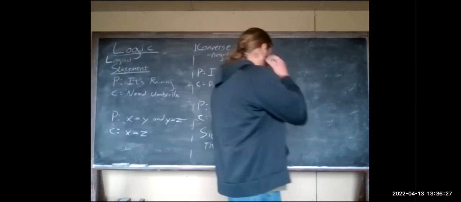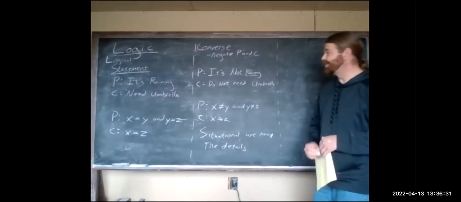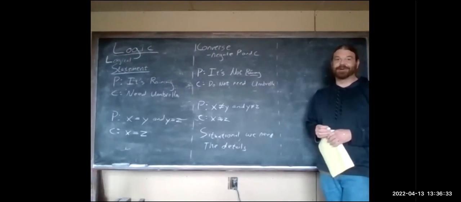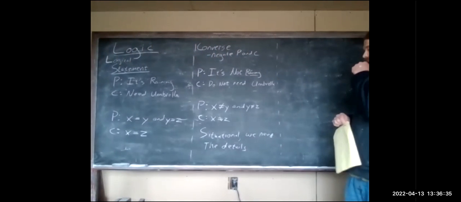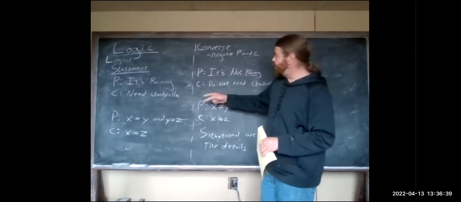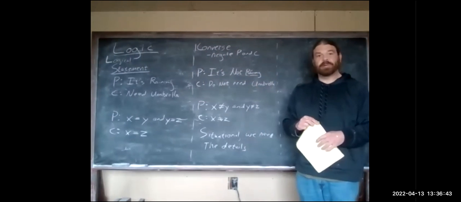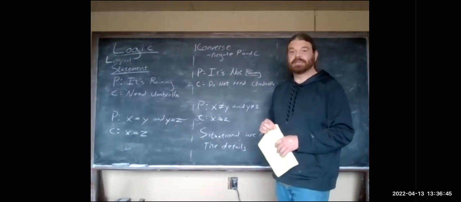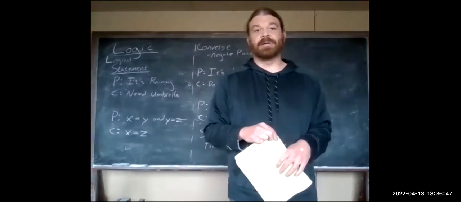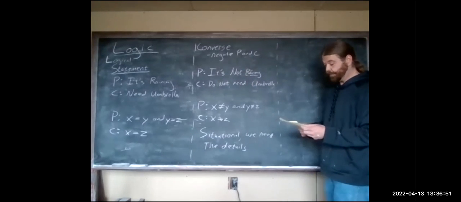Or a little bit of leeway on that one, please. So if we don't do something, we're going to get wet. So if we just negate both of them, we really end up with a situation where we just don't have enough details. It's like, well, we can't really answer for certain. We lose that certainty that we should have with logic.